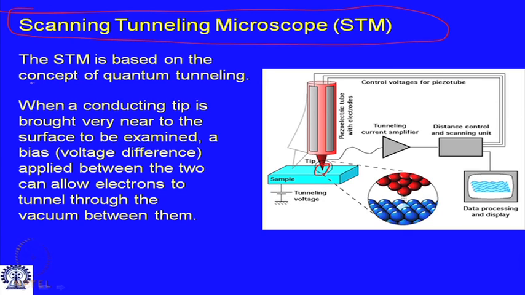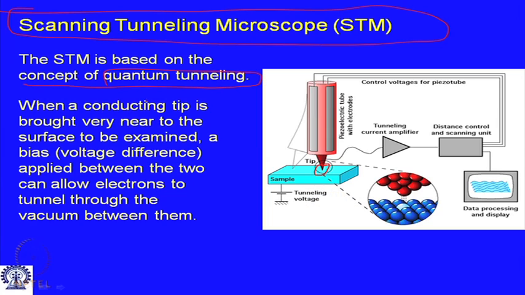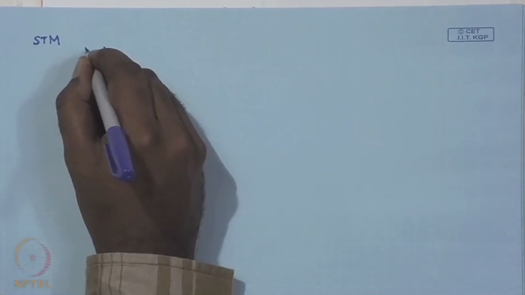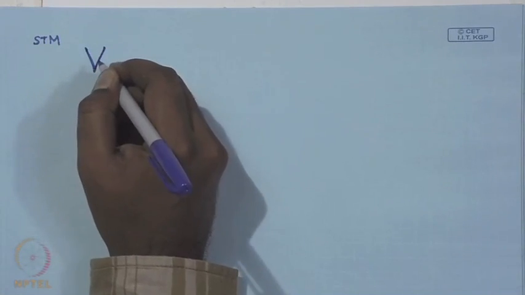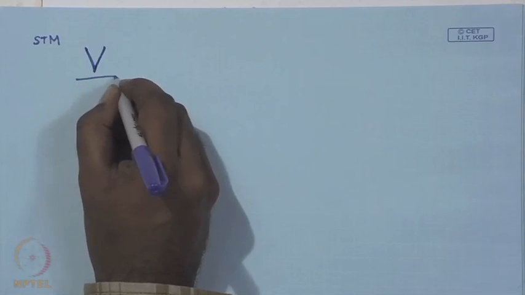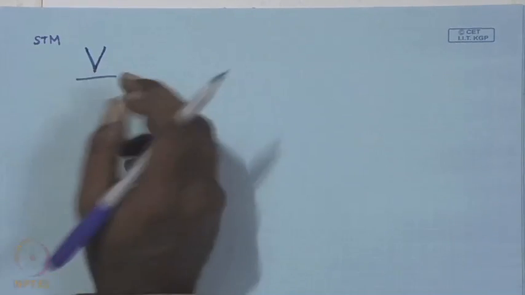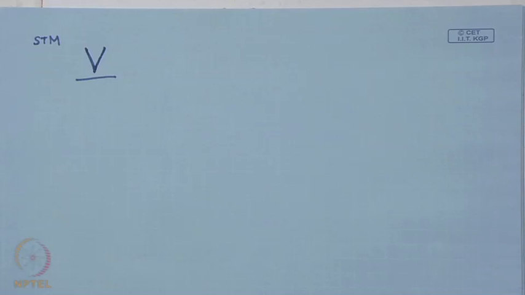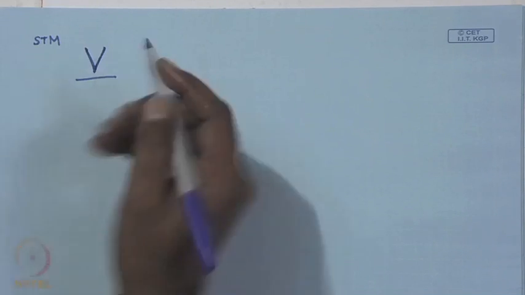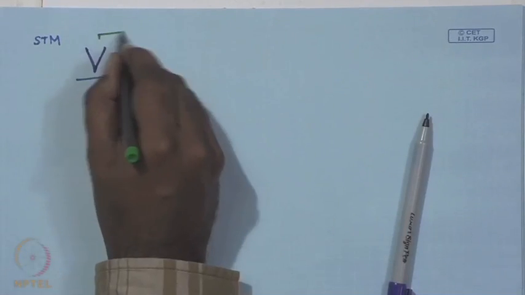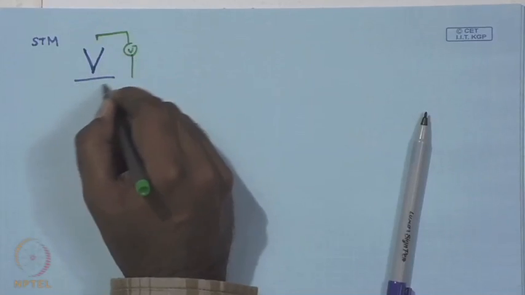This is based on the concept of quantum tunneling, which, very simply put, is this: you have a very sharp metallic tip brought in very close proximity to another metallic surface, and you apply a voltage or a bias between the two.